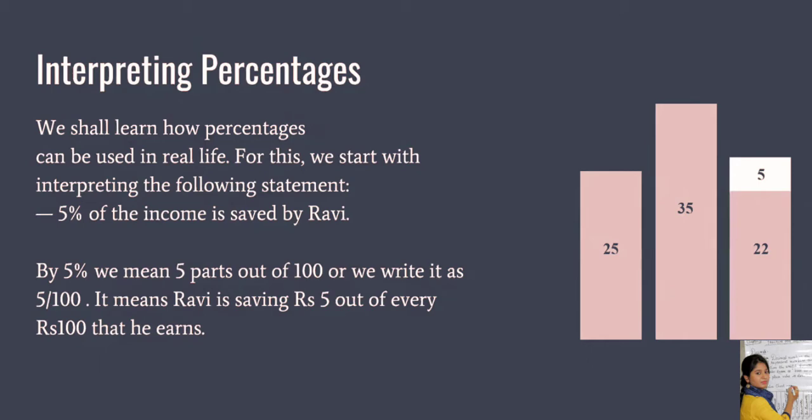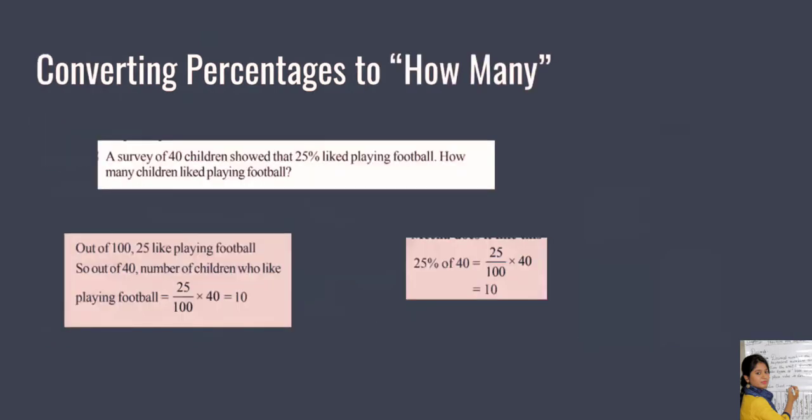By 5% we mean 5 parts out of 100, or we write it as 5 over 100. It means Ravi is saving rupees 5 out of every rupees 100 that he earns. So simply we will do 5 upon 100 into 5,000.